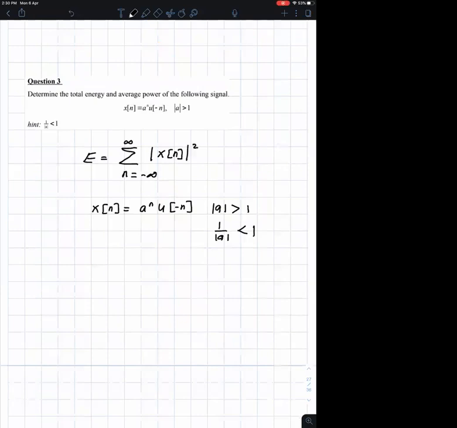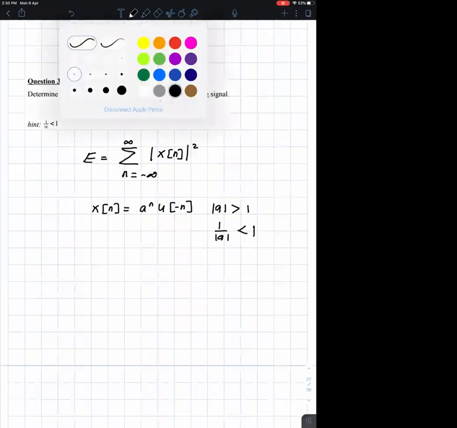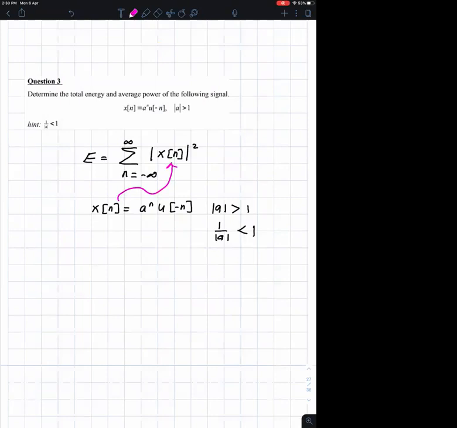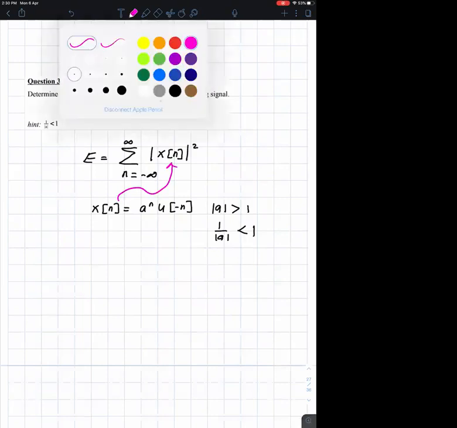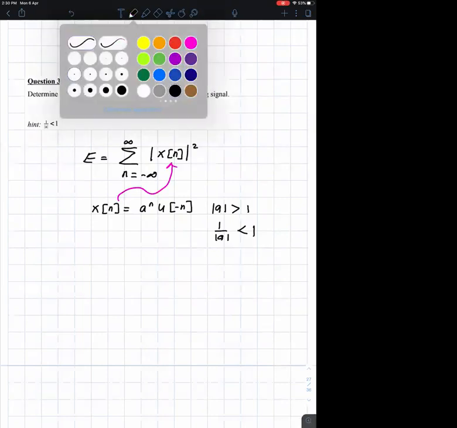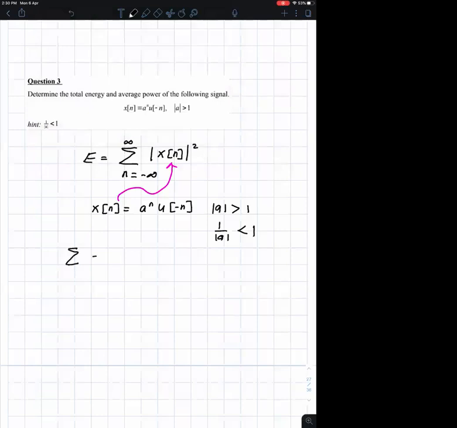So now you just take this and plug it inside here. So E is going to be the sum of a to the power of n.